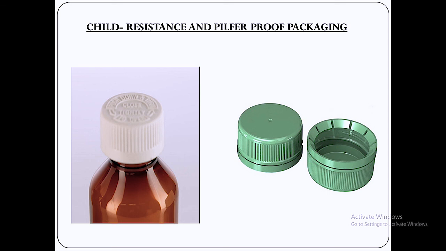In order to stop that, because it is quite dangerous, we provide child resistant and pilfer proof packaging. You must have seen these kinds of packaging and closure tips in your house. That is mainly to provide you with child resistant pilfer proof packaging, so that it is not misused.